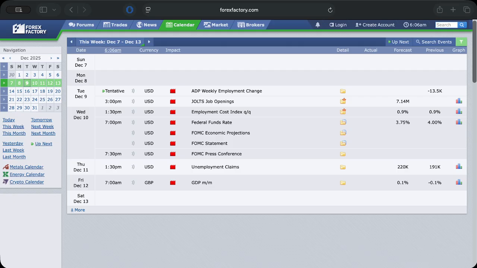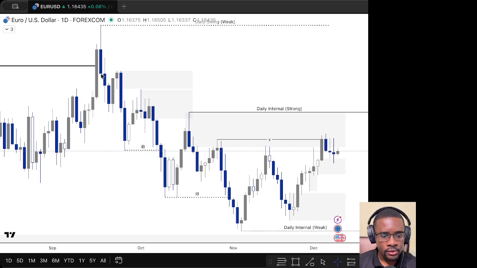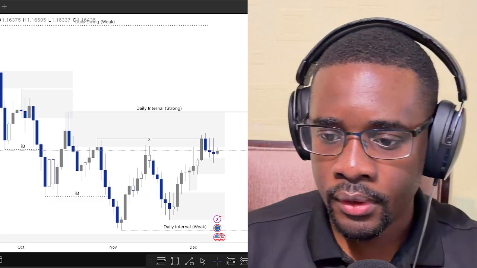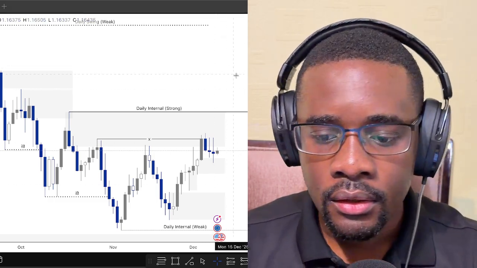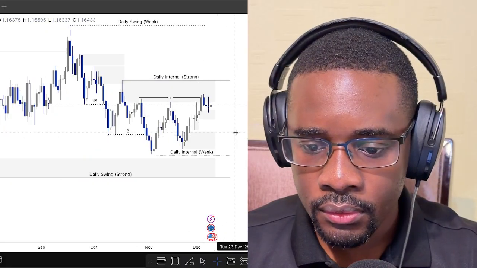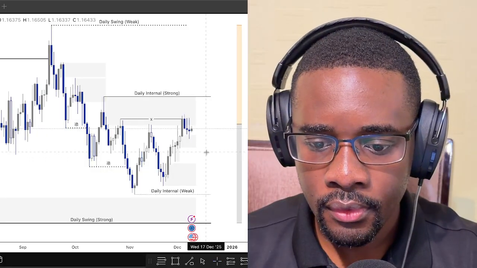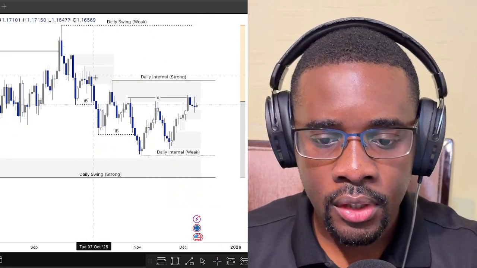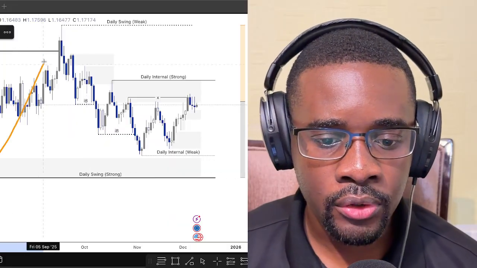So let's recap yesterday. When we look at our daily swing, our daily swing range is this one.